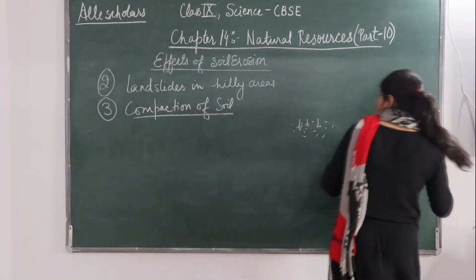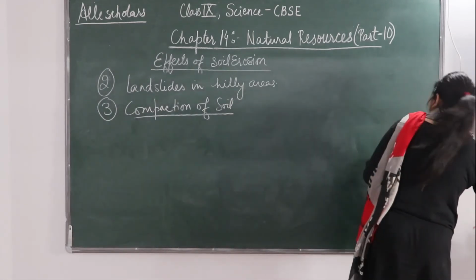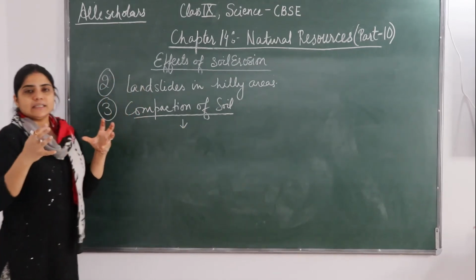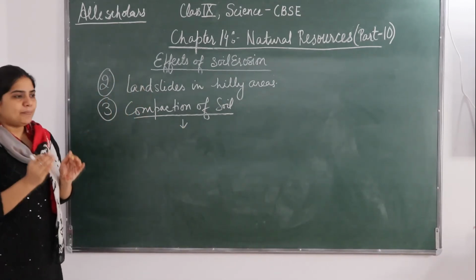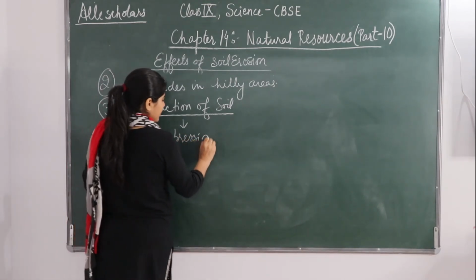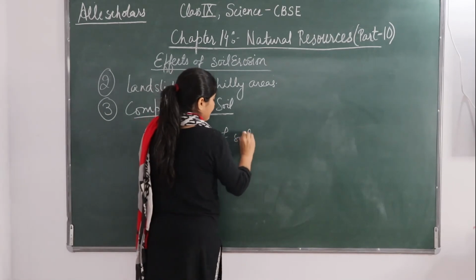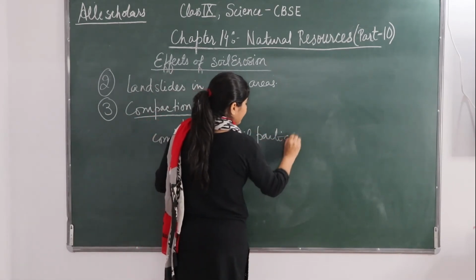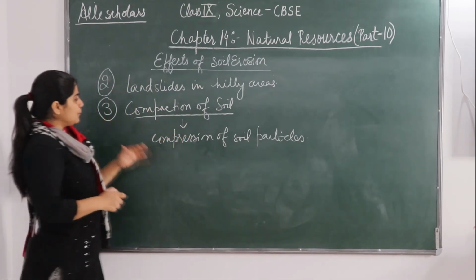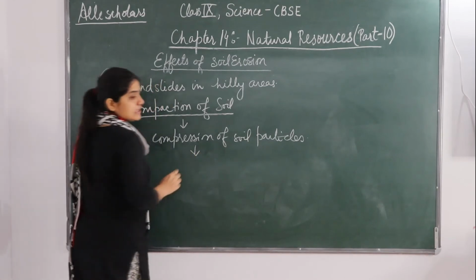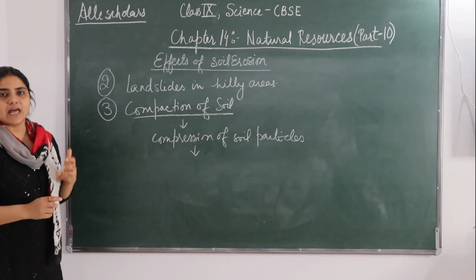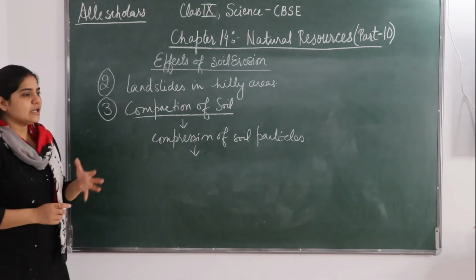Okay, so in case of compaction of soil, basically what is going to happen, compression of soil particles, soil particles जो है वो क्या हो जाएंगे, वो compressed हो जाएंगे. Fine, so when they are being compressed, they are going to reduce the size of the pores or the spaces that are available within the soil.